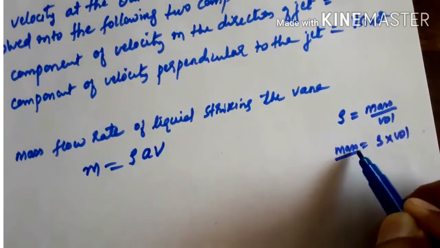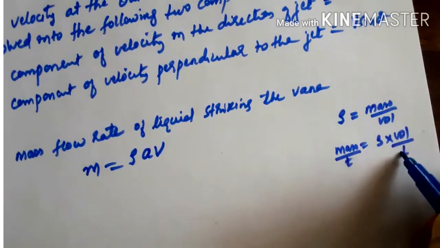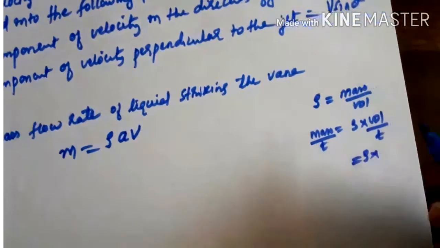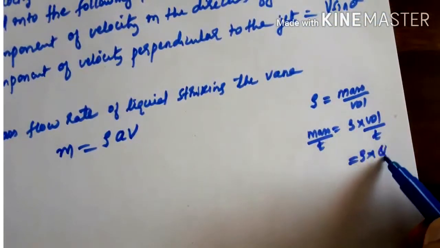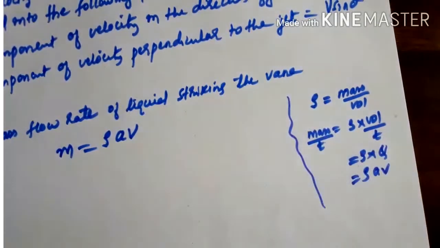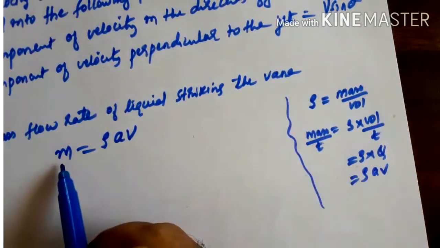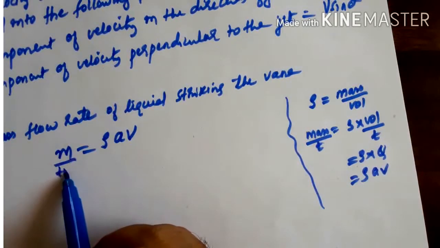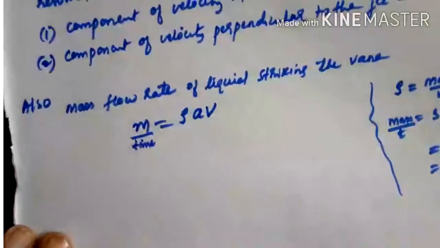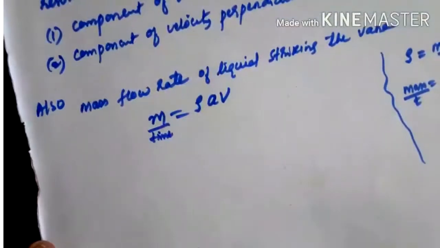But mass flow rate with respect to time is also divided by time. We get density into volume by time, which is rho Q. This Q can be written as A into V. This is called mass flow rate, mass by time.